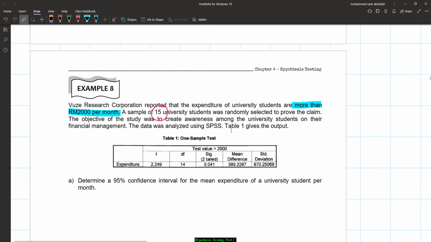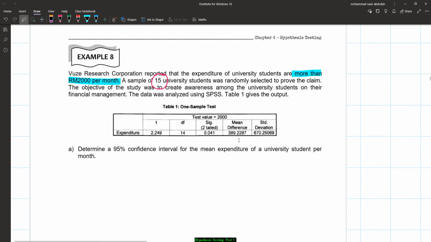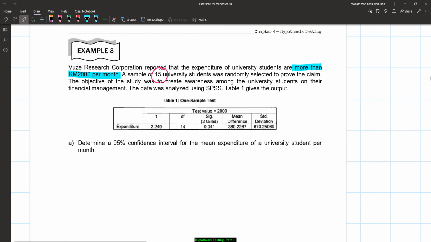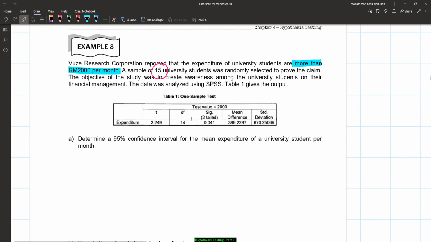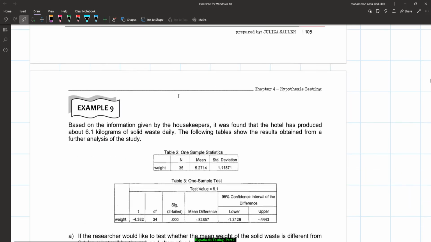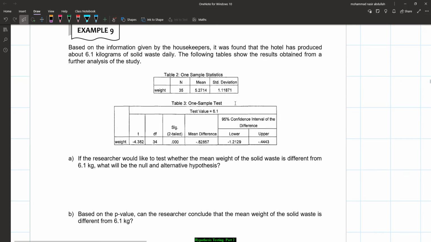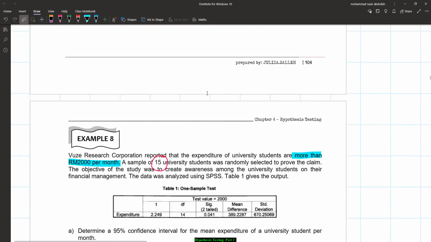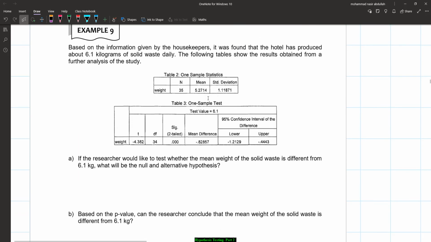I think this question is not complete. They didn't give the other table, which is the mean and standard deviation. It should provide us the mean and standard deviation to calculate the value of t. Otherwise the question is incomplete. I think they forgot to paste it, so you can ignore this one. It should have two tables, but this one only gives us one table, so it's an incomplete table.